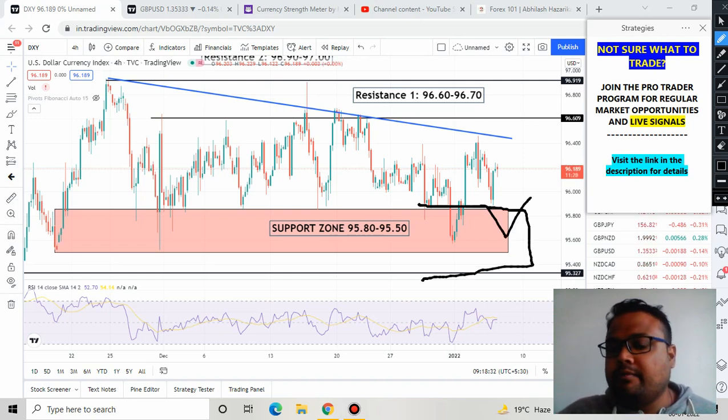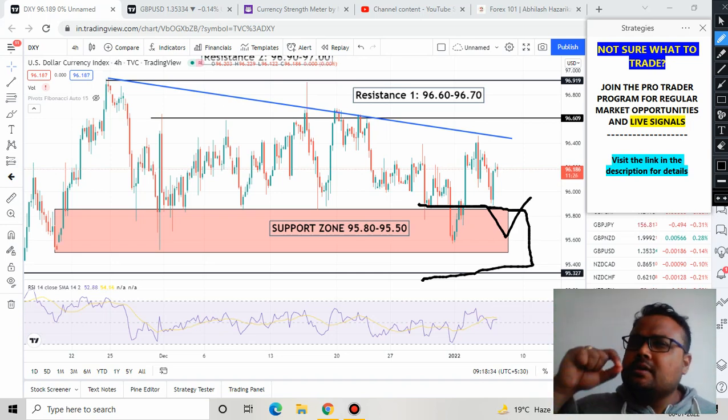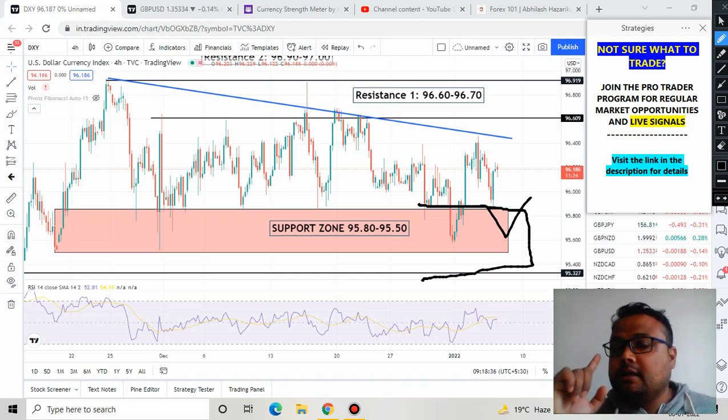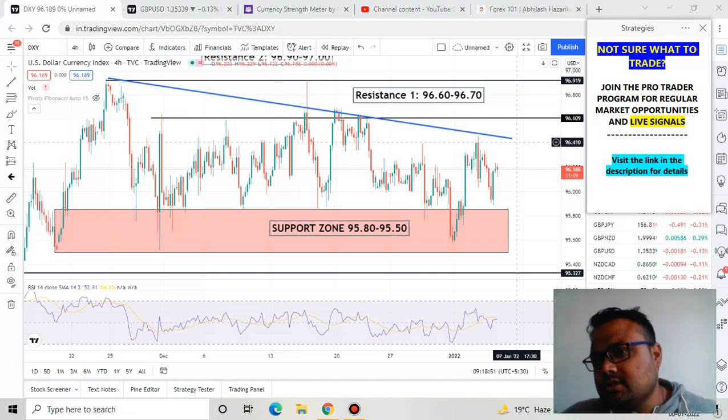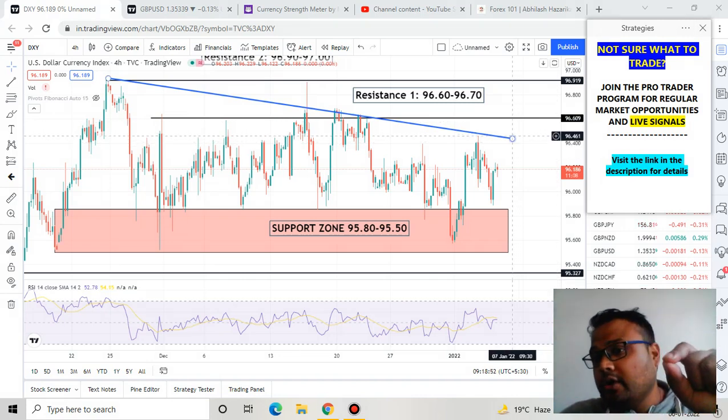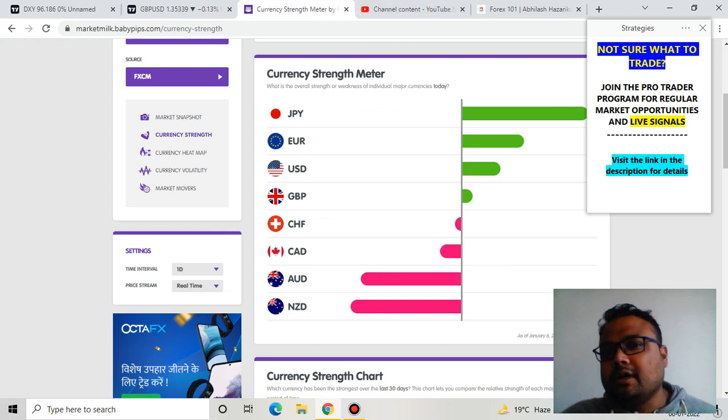If the dollar bounces from here, then GBP USD has a possibility of going down. In case the dollar goes up, then we have multiple resistances. If the dollar reverses from the resistances, we may see GBP USD going up. There is also a possibility of the dollar going up today, because if I take you to the currency strength meter, you can see USD is bullish today.